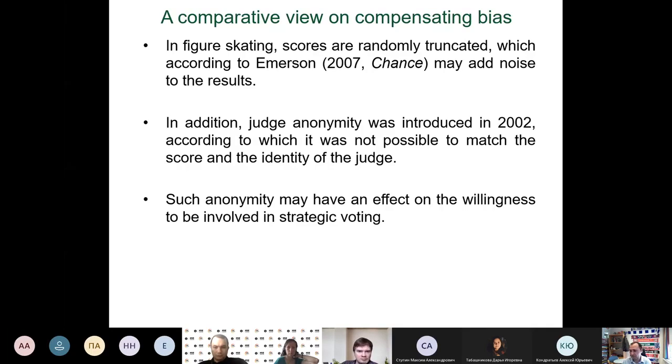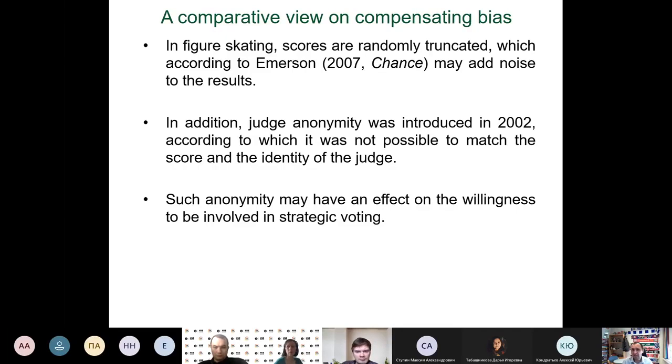When I heard this, I said, how come? What is anonymity? Every judge could give any score he wants, but no one could identify the judge and the score. This is a very nice setting for strategic voting, because nobody knows what I do.